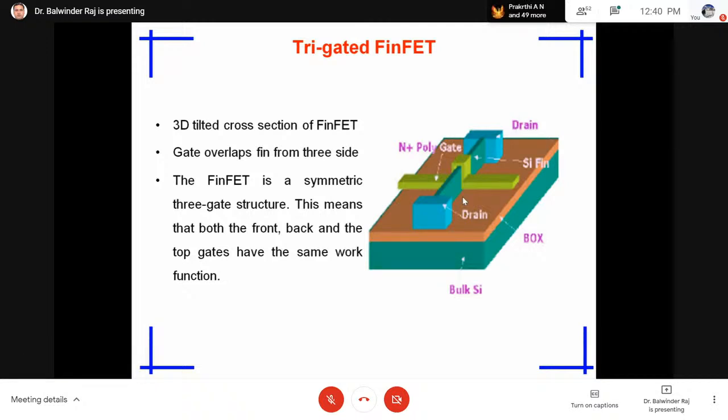In logic design, we require the switching speed to be as high as possible. So with the multi-gate, the switching speed can be enhanced so that my logical operation can be performed at a much faster speed.